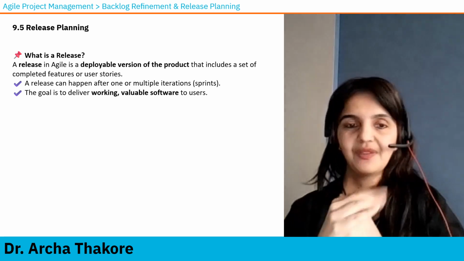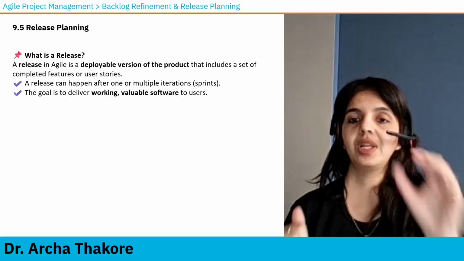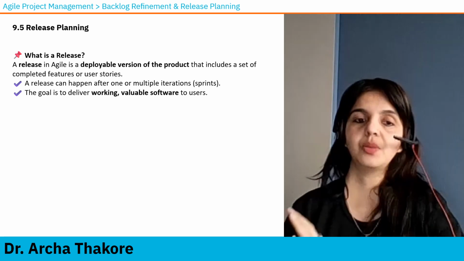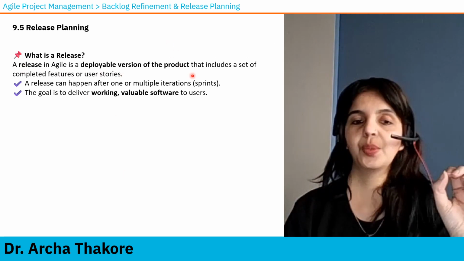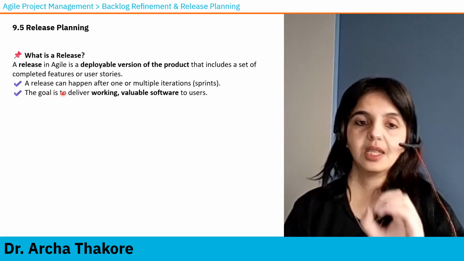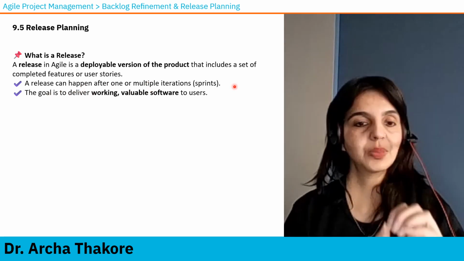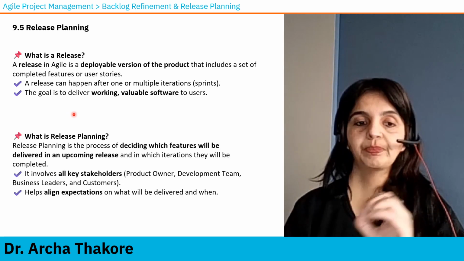That's what the Agile manifesto talks about. So a release is a workable, deployable, implementable version of the product. A release in Agile is a deployable version of the product that includes a set of completed features or user stories. A release can happen after one or multiple sprints. The goal is to deliver working valuable software to users.